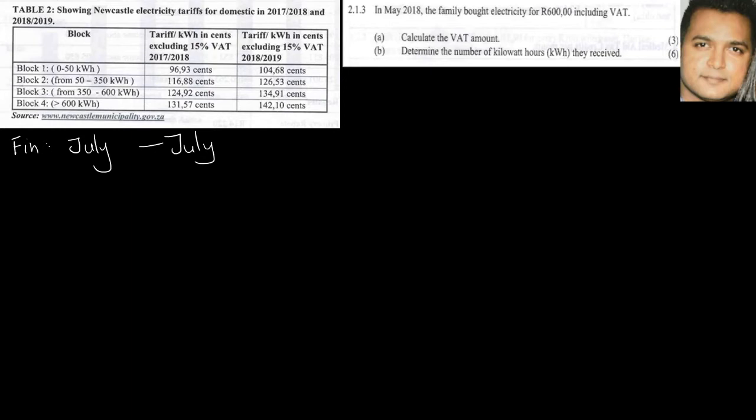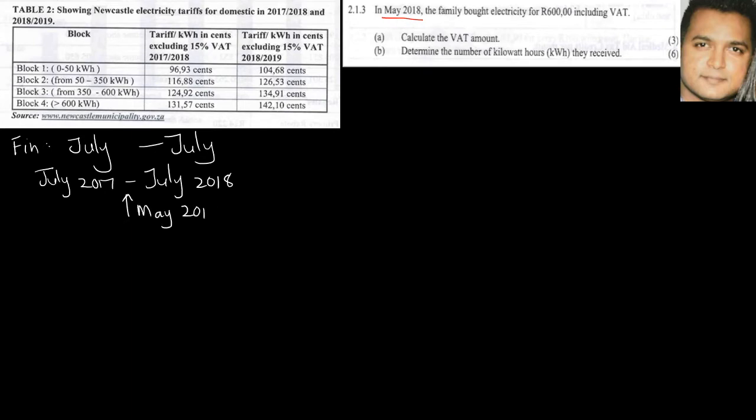Now why this is important is because in our question we have May 2018, but there are also two different financial years here. May 2018 will fall in the range of July 2017 to July 2018. So this range has been given to us, right?